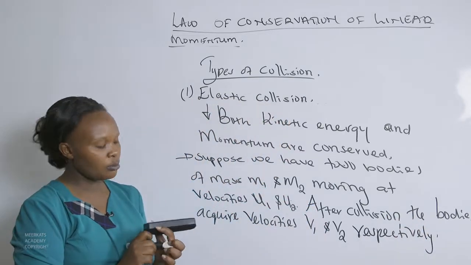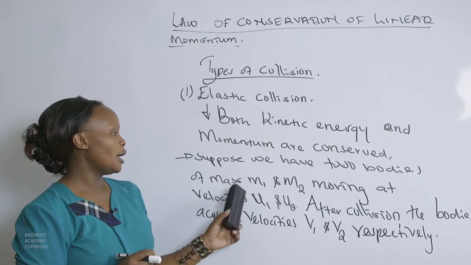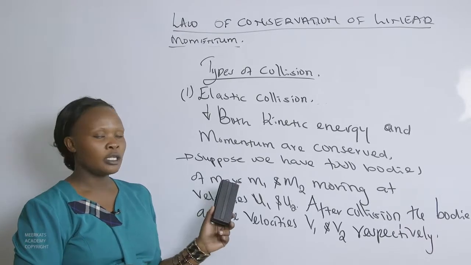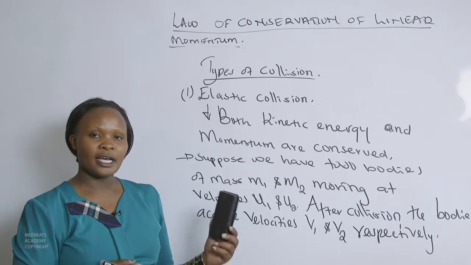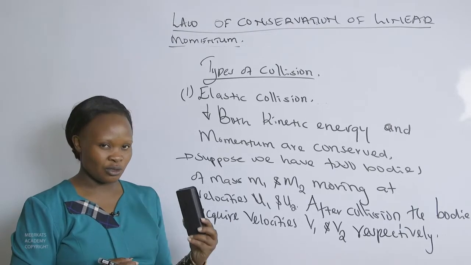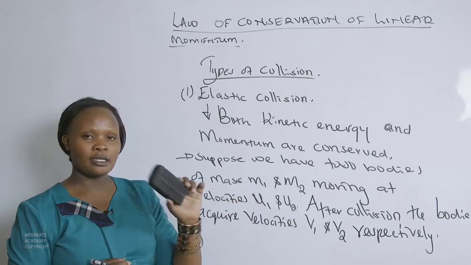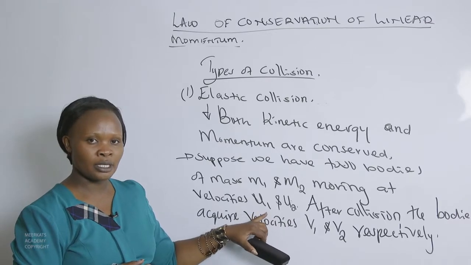That we have our 2 bodies, m1 and m2. Those are the masses. We do not want to narrow down to figures. Now, they are in a state of motion where body m1 is moving at an initial velocity u1.